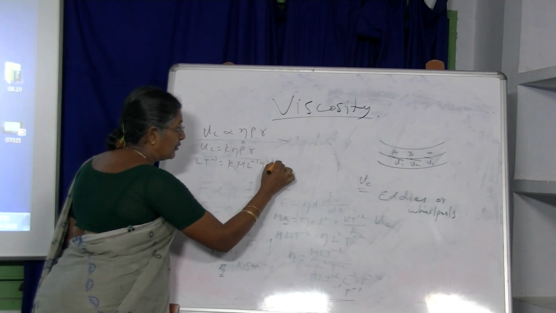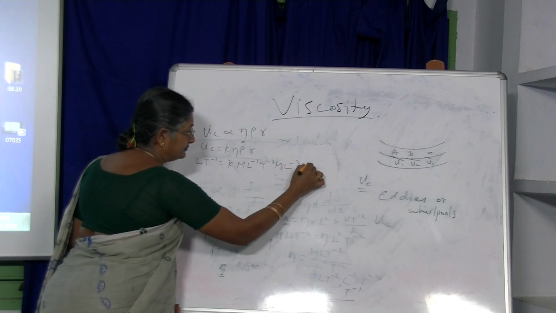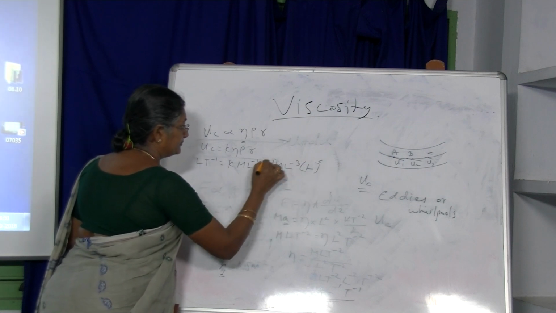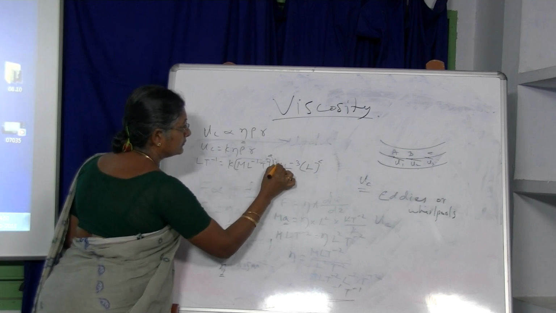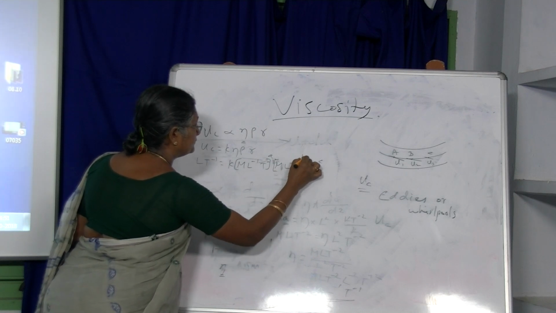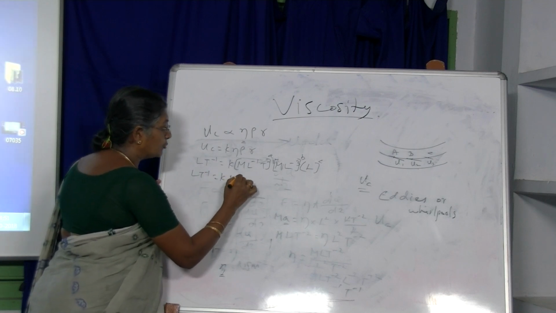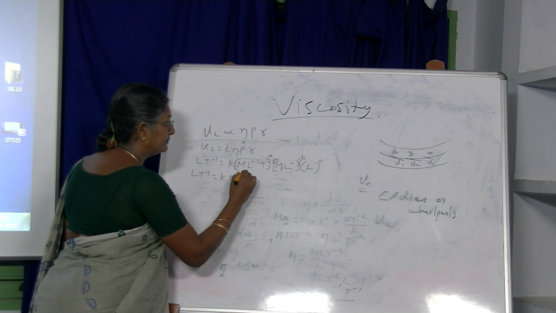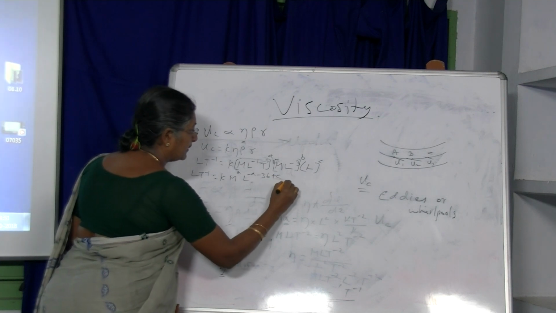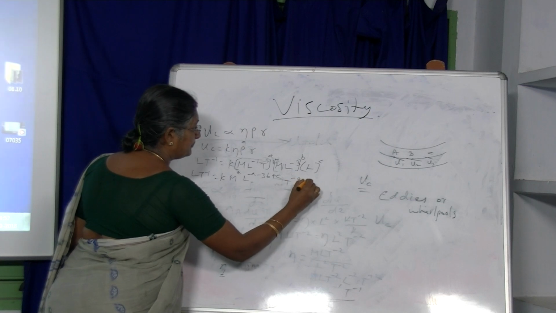Rho is nothing but mass by volume, so M L power minus 3, and R is again L. So you can group this: M power A, L power minus A minus 3B plus C, T power minus A.